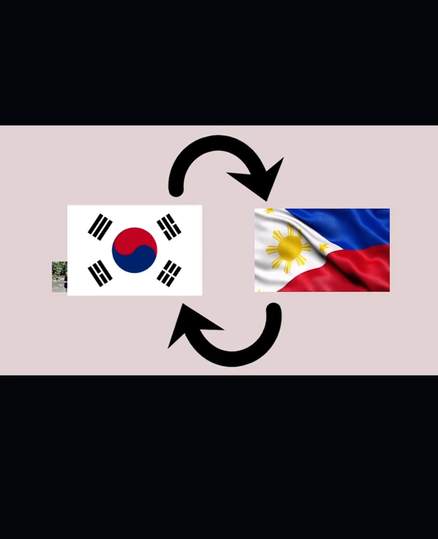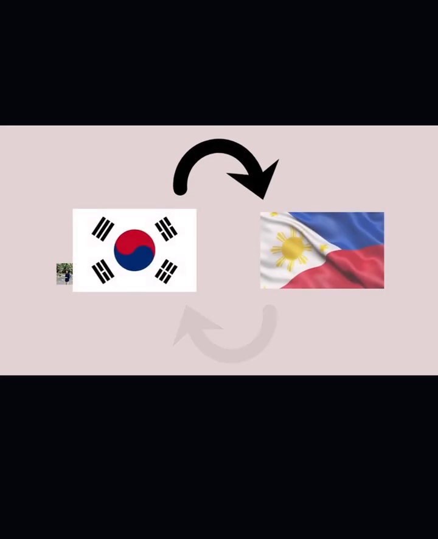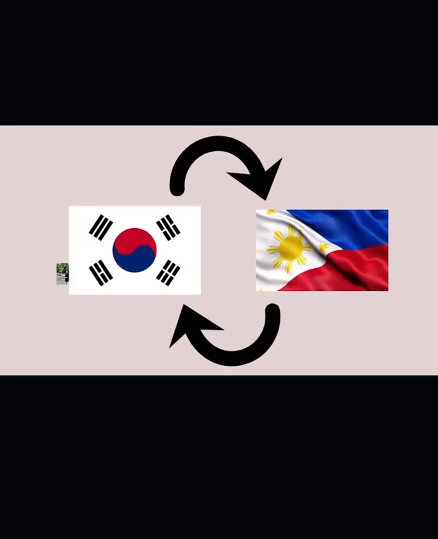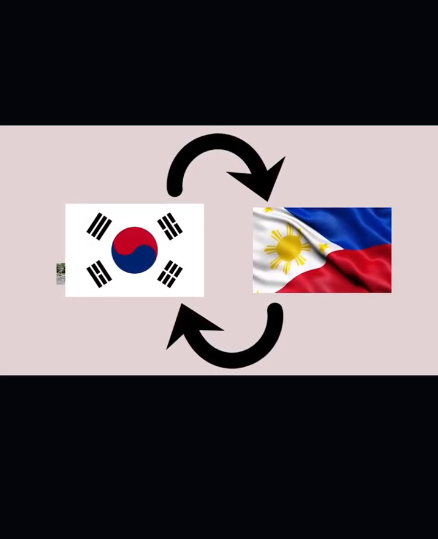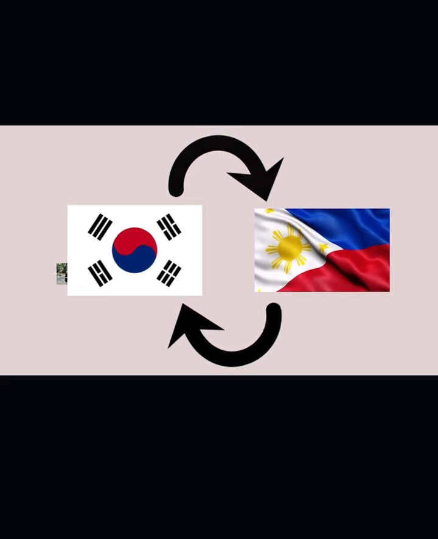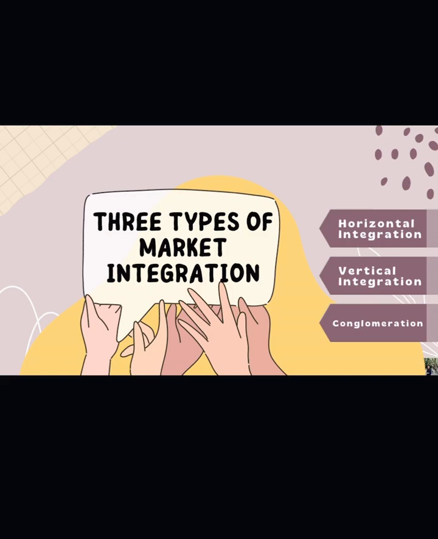As foreign trade increases, the price of the toys will continue going down until it matches or almost matches Korea's toy price, which is the lower limit. Once the prices are similar for both countries, we can consider the market integrated.